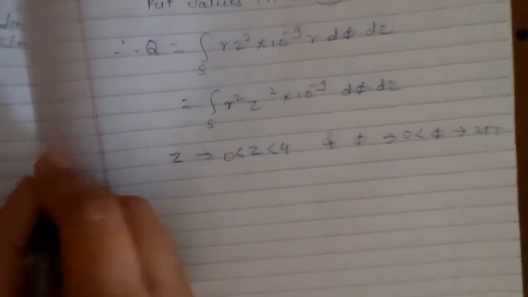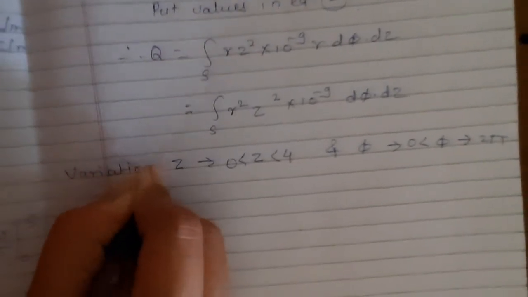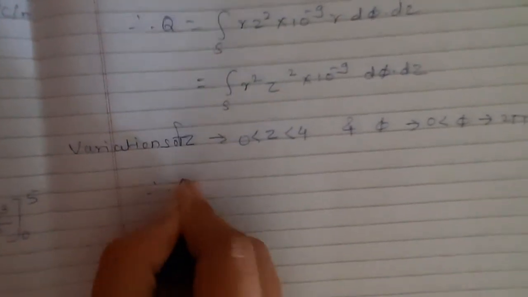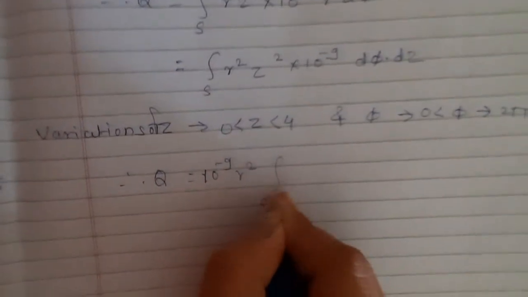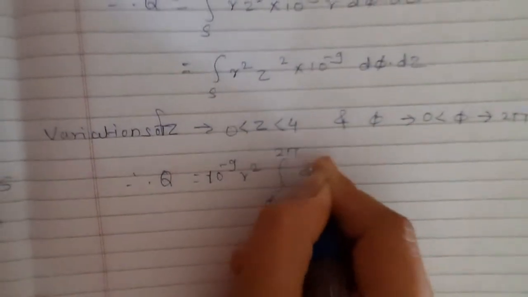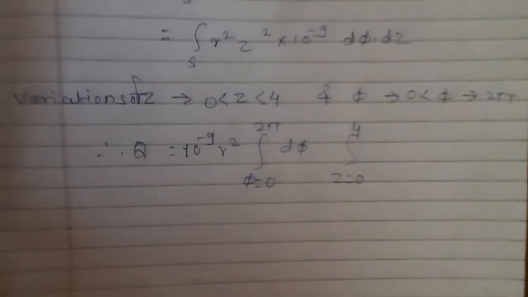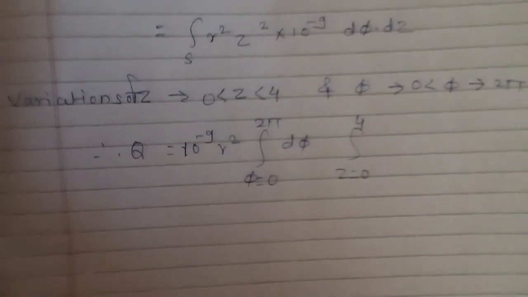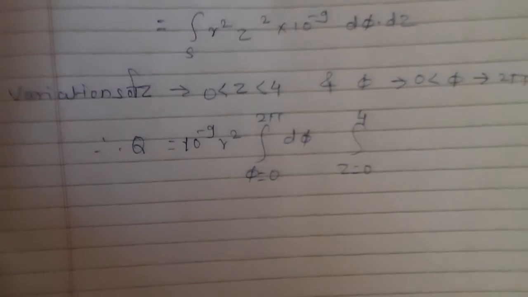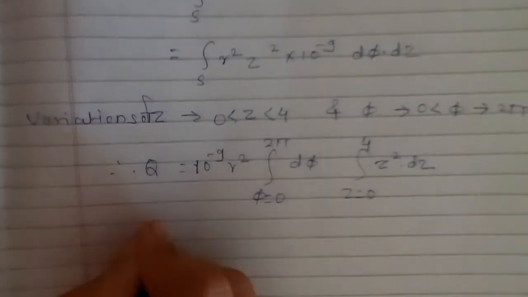Here we can write the variations of z and phi. So q is equal to 10 raised to minus 9, rho square is constant, so phi goes from 0 to 2 pi d phi, and z goes from 0 to 4, z square dz.